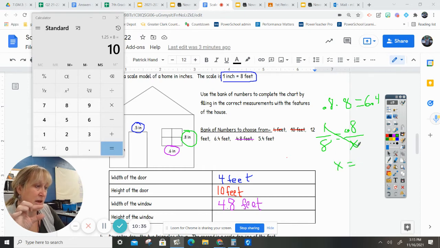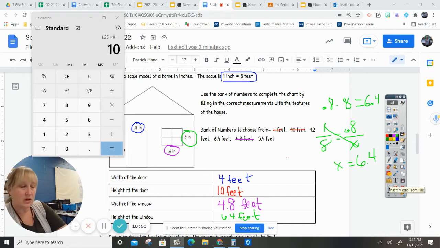And then it's 8 times 0.8, which is 6.4. So the answer to this one is 6.4 feet. All right, so we have done that. We have showed that both ways does work.